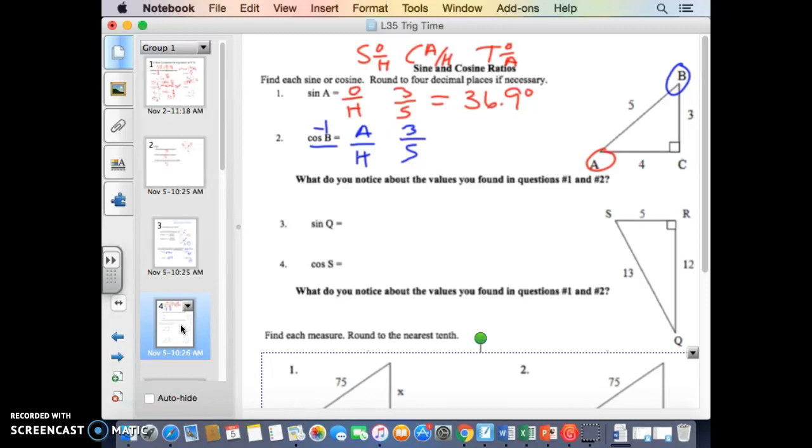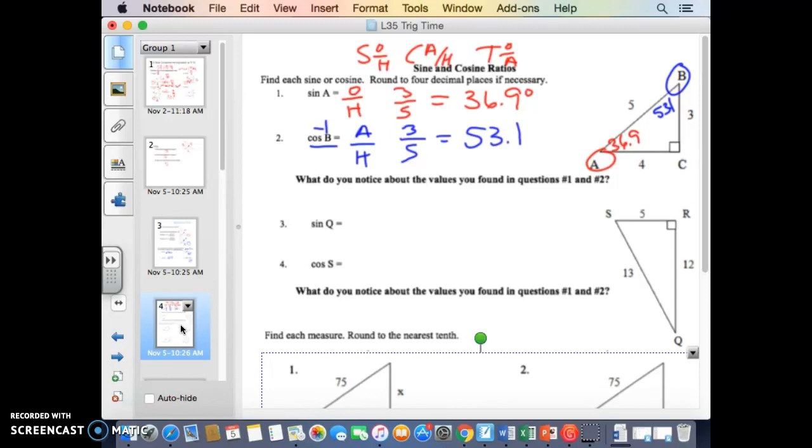You should get 53.1. And what you should notice is when you add 36.9 plus 53.1, you should get 90 degrees. And you do, because 90 plus 90 is 100.